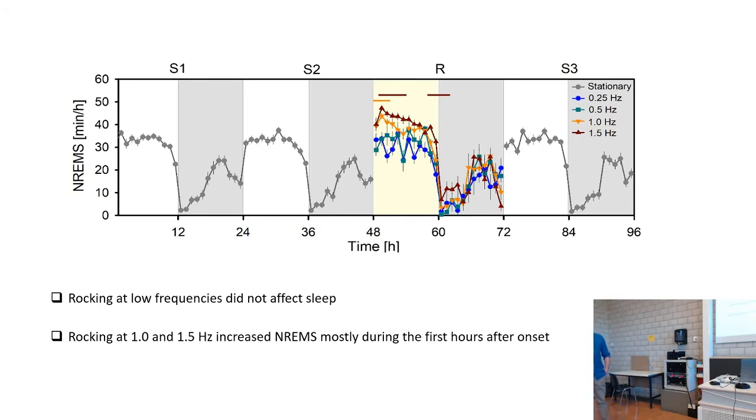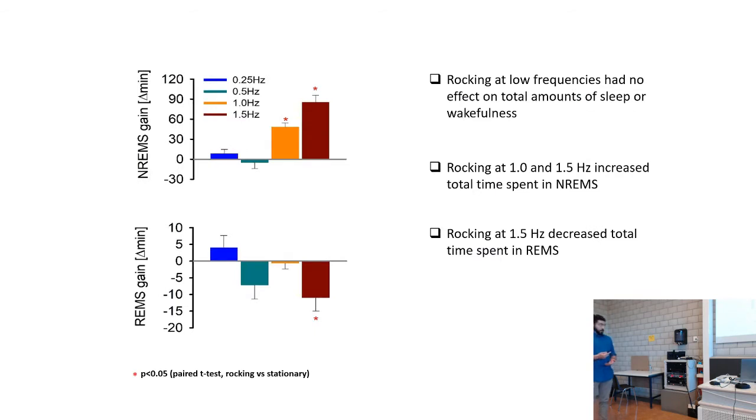We also wanted to assess if the total amount of sleep was affected. Here you see the difference between rocking days and baseline days. As we can see, at the lower frequencies there is no effect.